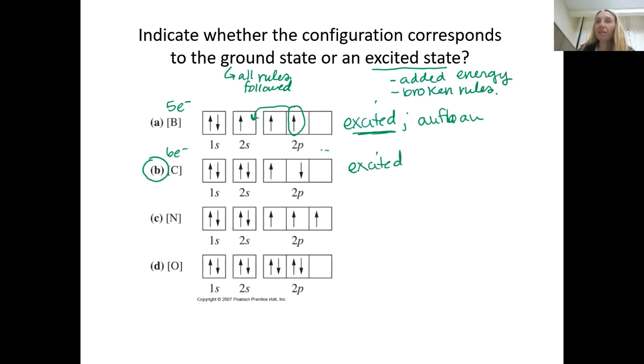Because this one's flipped, it violates Hund's rule. So remember, I want to fill the boxes like this first before I start pairing.